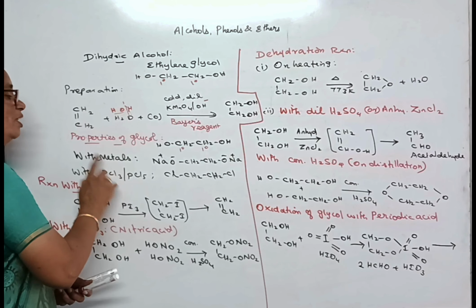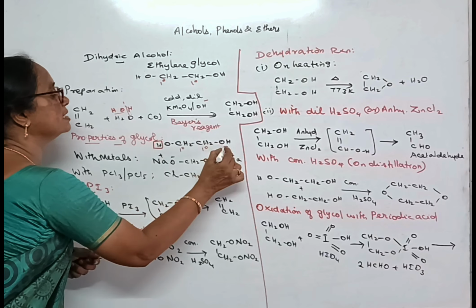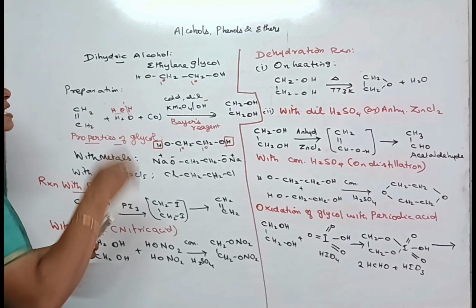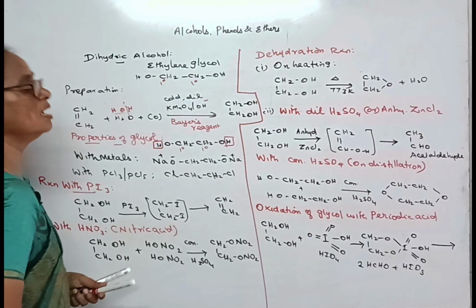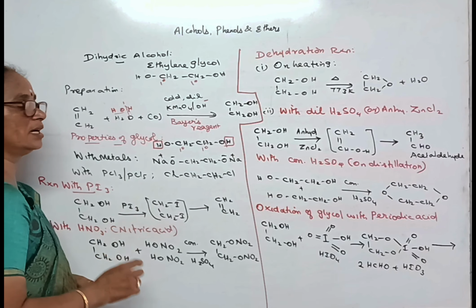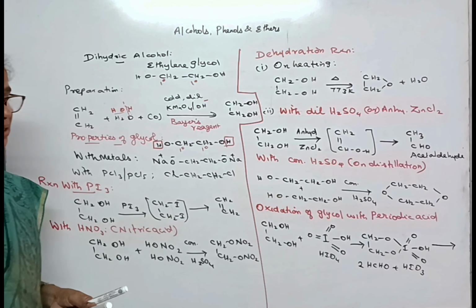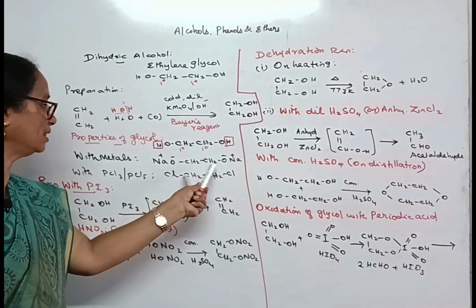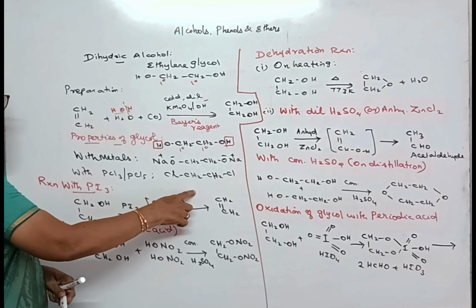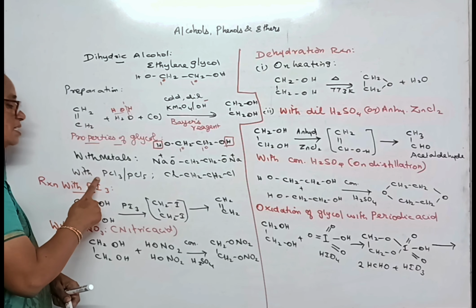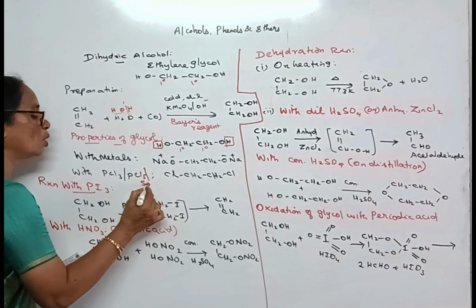When it reacts with the metal, both hydrogen atoms are subsequently replaced by sodium, so the final product will be disodium ethylene glycolate. Similarly, it may undergo halogenation with phosphorus trichloride or pentachloride. We can even add thionyl chloride too.